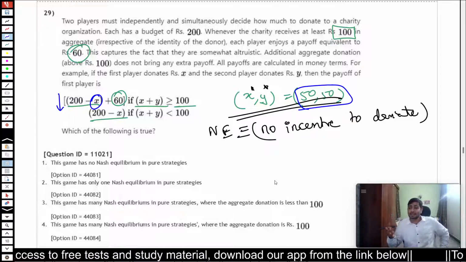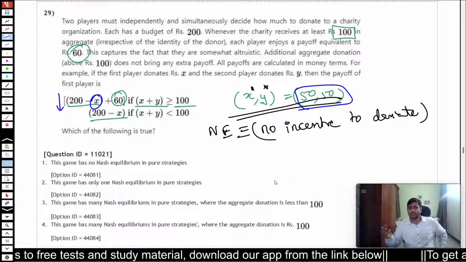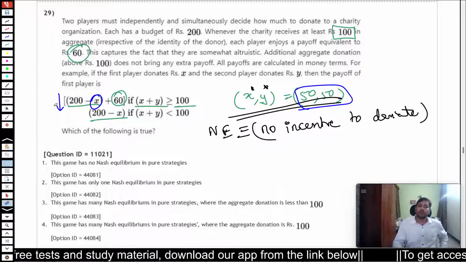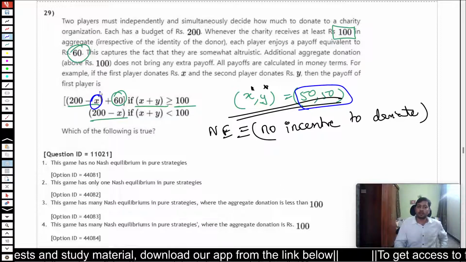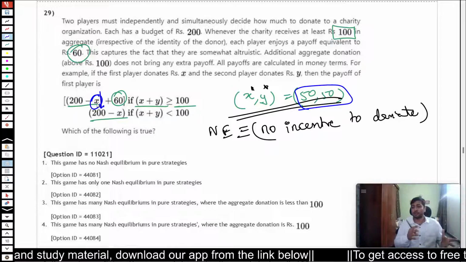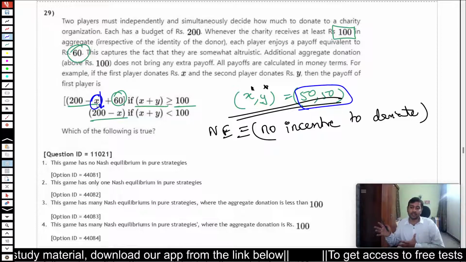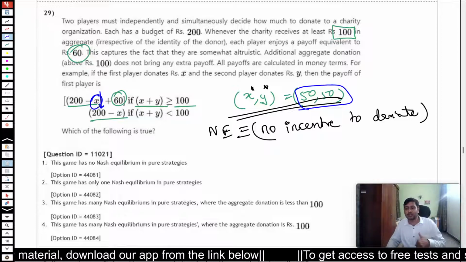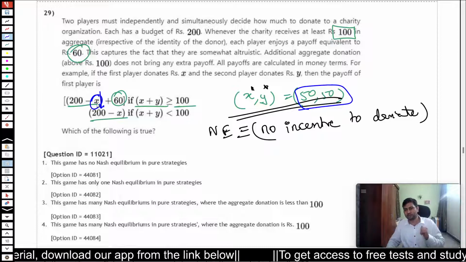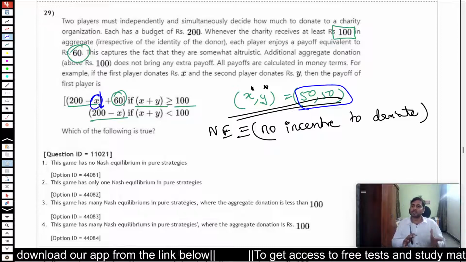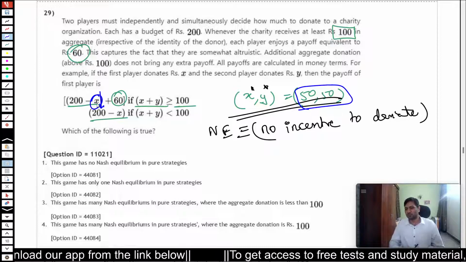So by increasing donation, nobody has an incentive to deviate, and by reducing donation, if anybody reduces their quantum of donation, the project does not get constructed. So by reducing donation, again they are going to reduce their utility. So from this point, nobody has an incentive to deviate.